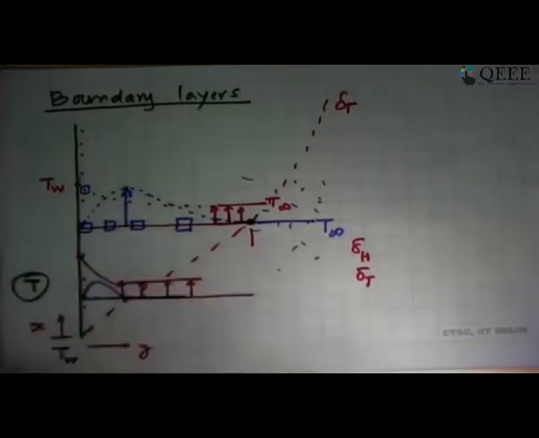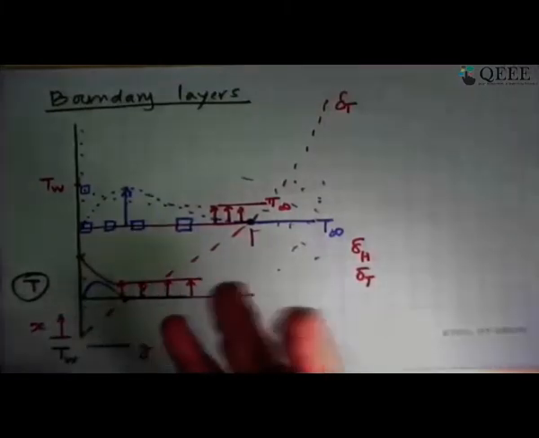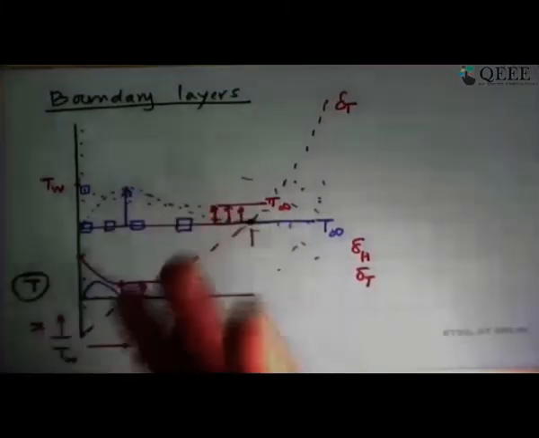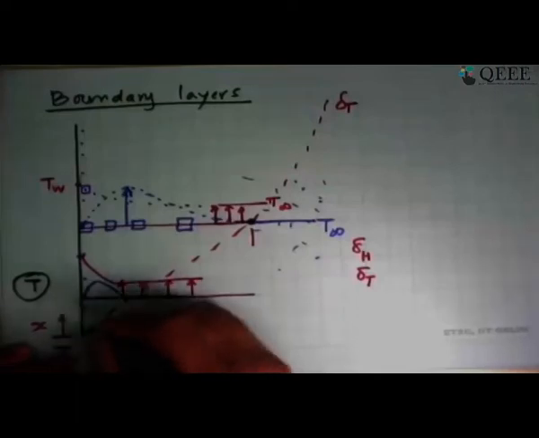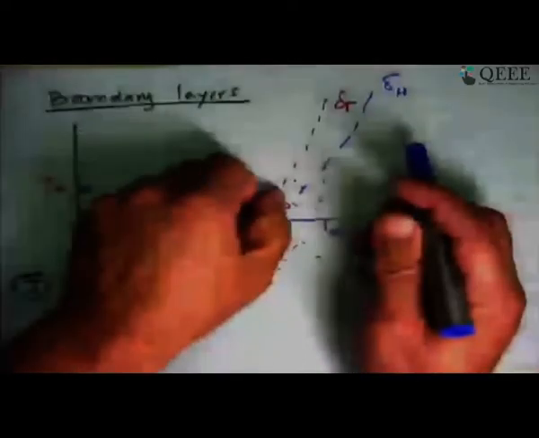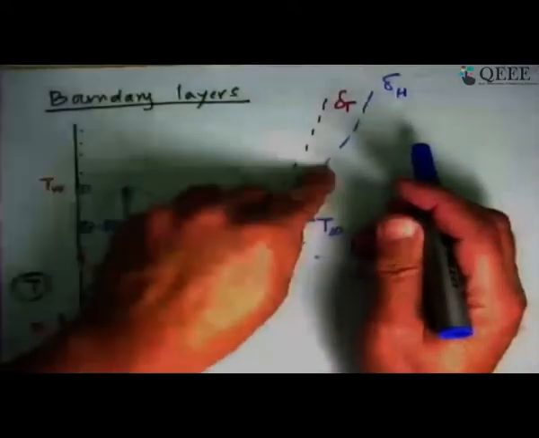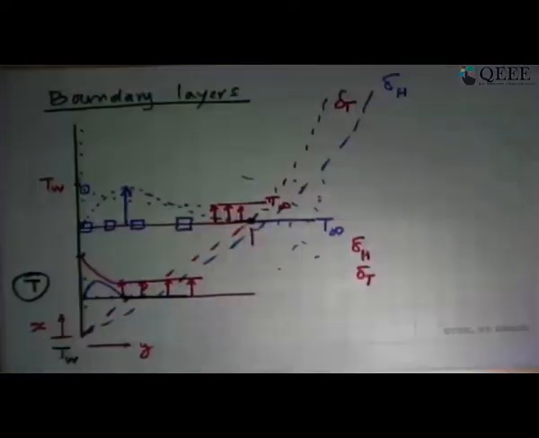And by and large, this will also be the only region which experiences a body force, so this will be the region where you'll also have the flow. So this is in some sense the limit of the hydrodynamic boundary layer also. So just drawing another line, and we say this is the hydrodynamic boundary layer. Maybe because of viscous drag, some fluid outside also may be getting pushed up. So this is what the boundary layers are building up in a vertical flat plate.